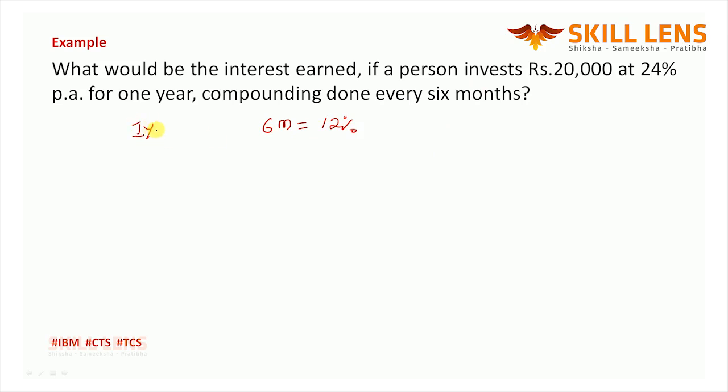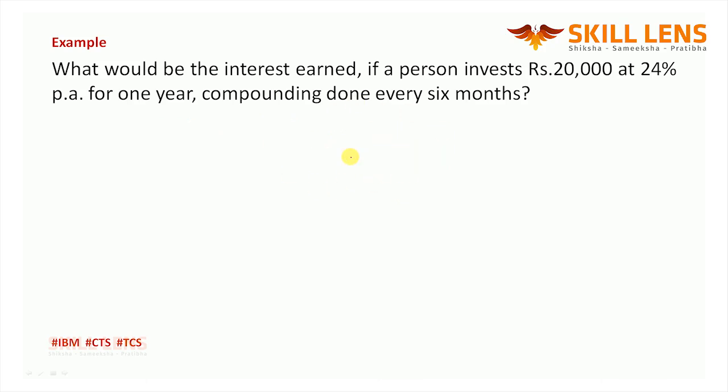Because 1 year is going to be 24%, then for 6 months it is 12%. For the next 6 months also it's going to be 12% plus 12% on 12, which is 1.44%. People will get confused with this funda again.